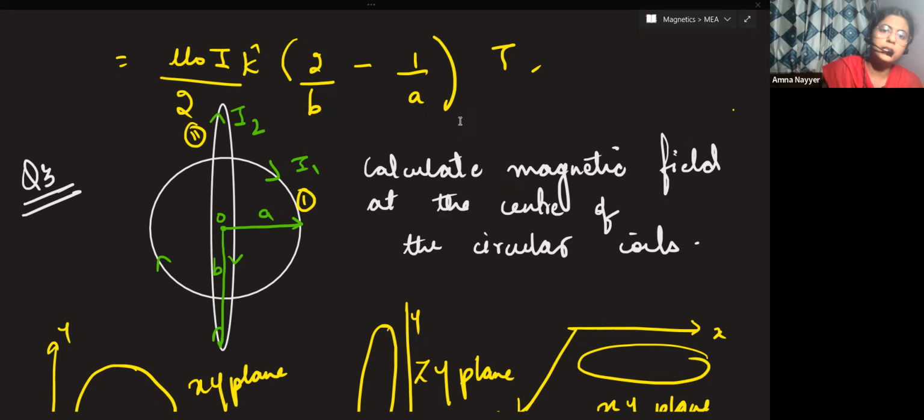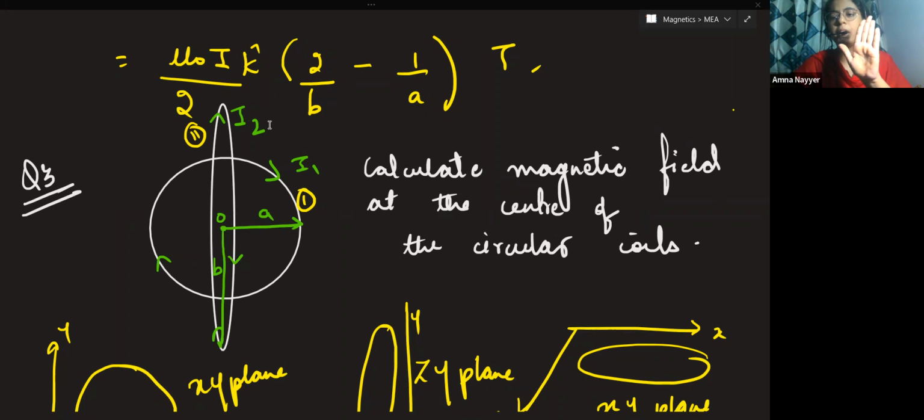Thumb gives you the direction. Hania, are you able to understand the direction, or should I repeat once? Okay, I'm repeating. See, Hania, for circular wires, whenever you have a circular wire, in whichever direction your current is moving, curl your fingers in that direction.